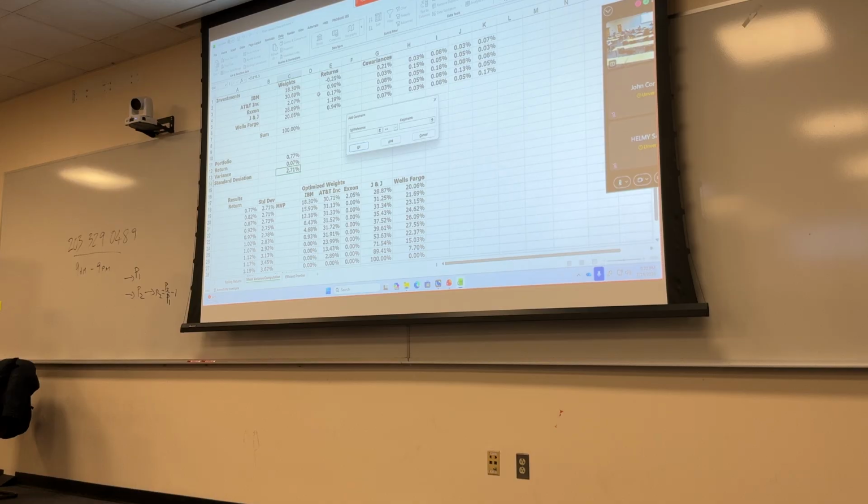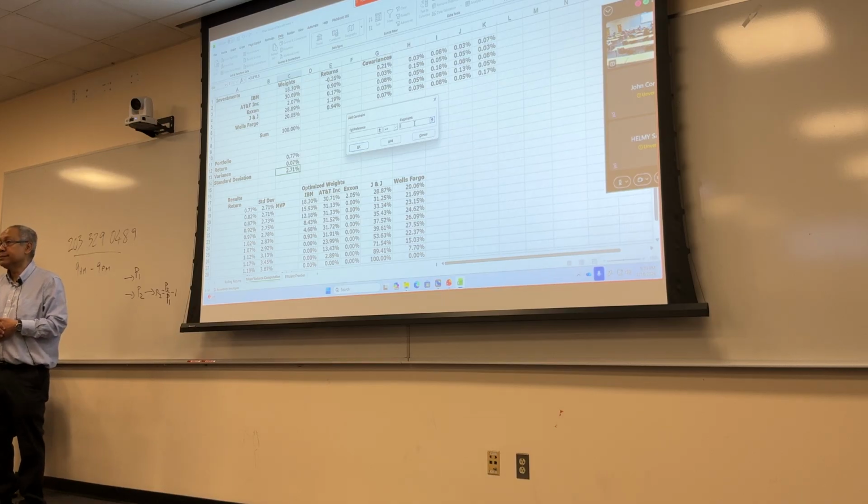And then you select C2 to C6, like here, right? The weight. And then the middle is greater than or equal, right? And then in the constraint window, you just type in 0. That's it. Make sense?